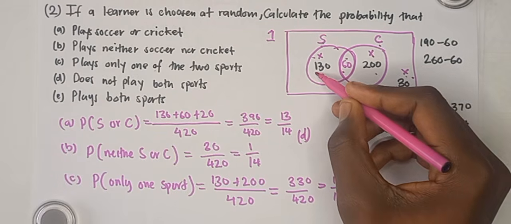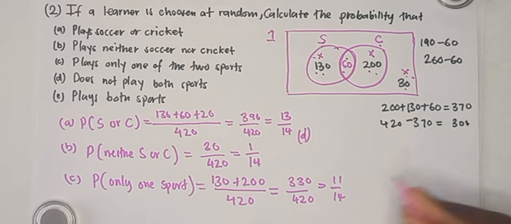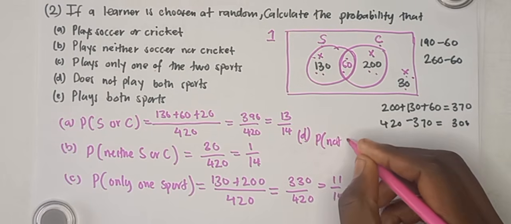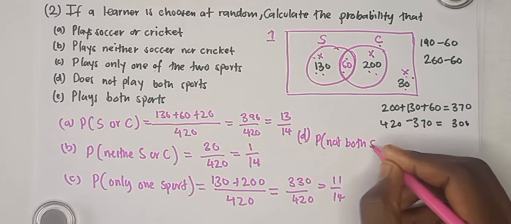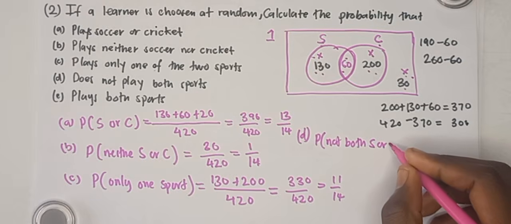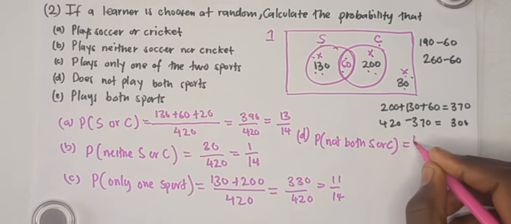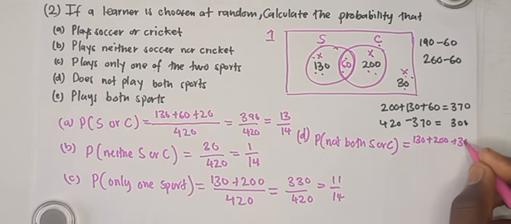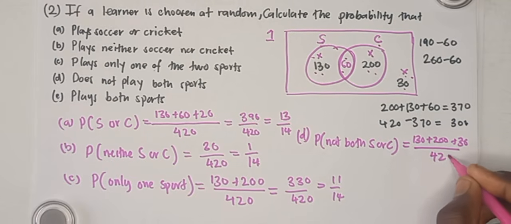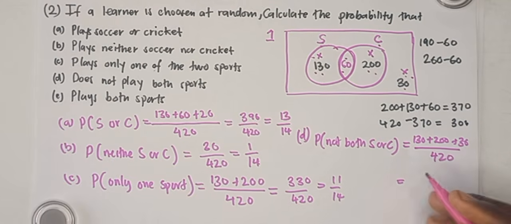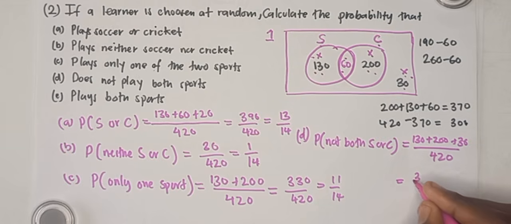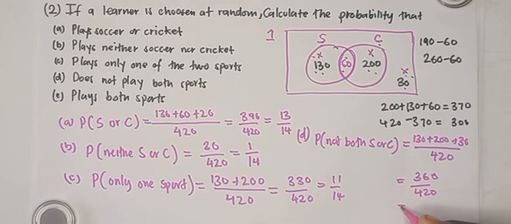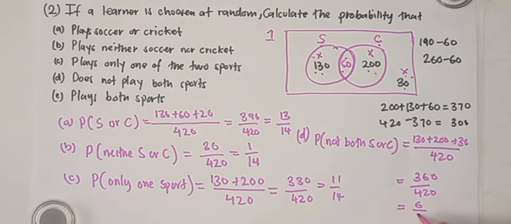So we're going to add 130, 200, and this 30, and say the probability of not both soccer and cricket is 130 plus 200 plus 30 over 420. If you work this out, you get 360 divided by 420. If you plug this into a calculator, you're going to get 6/7.